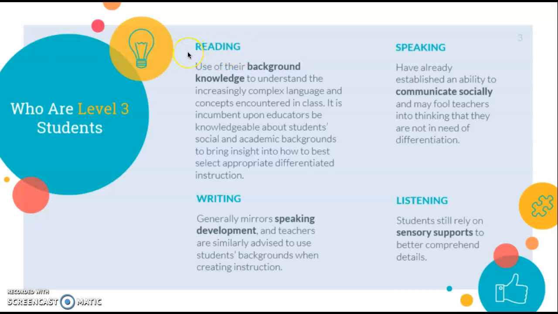Accessing and building student background related to experiences is essential. Knowledge on social, academic, and biographical knowledge, or background, can guide teachers on how to best choose appropriate differentiated instruction.